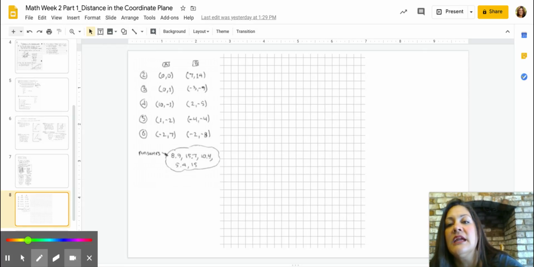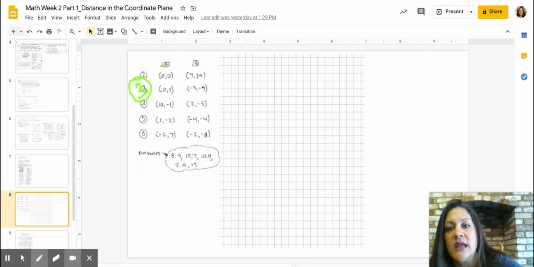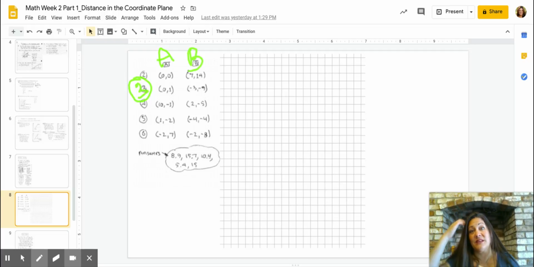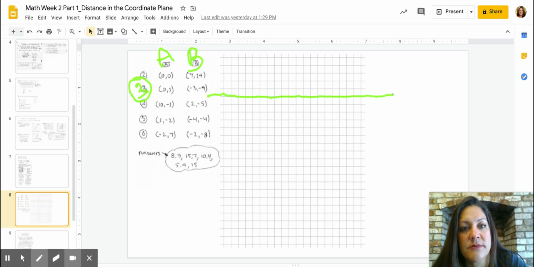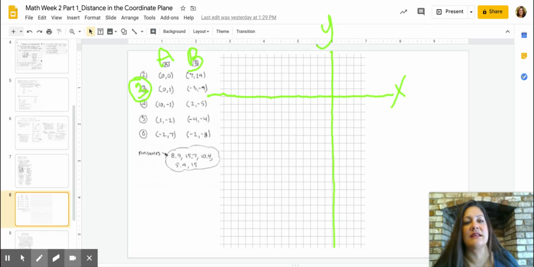Number 3. All right, A and B. First thing is I know I'm going to need the lower left-hand quadrant for my point B. So we'll go like this. Not too bad. Of course, this is our x-axis and our y-axis.